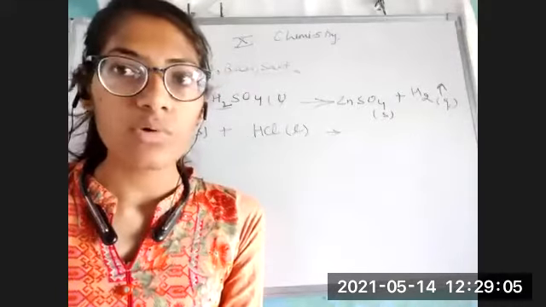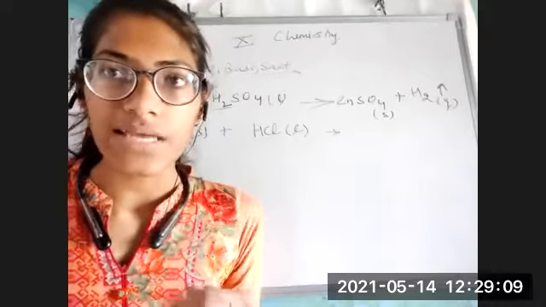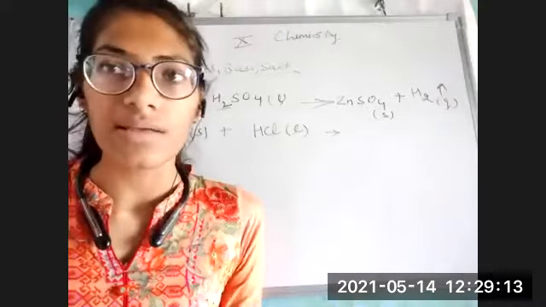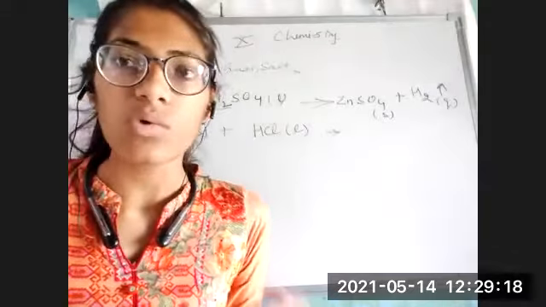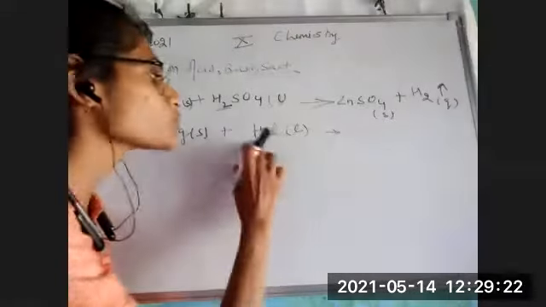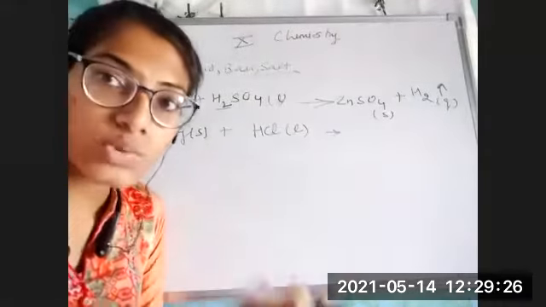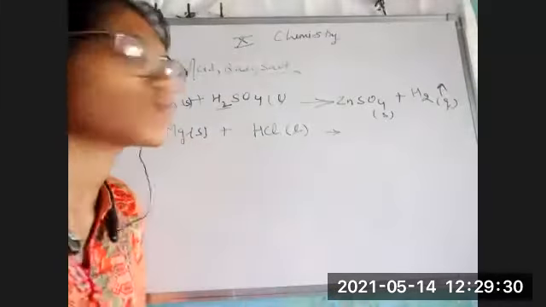And you will remember that whenever we take an acid, both have the same property. It doesn't matter which acid we are taking. Here we are taking HCl, and sulfuric acid, nitric acid, anyone, all have a common property, that is H positive. They can release their H positive, right? And that's why when they are reacting with a metal, they are releasing hydrogen gas.